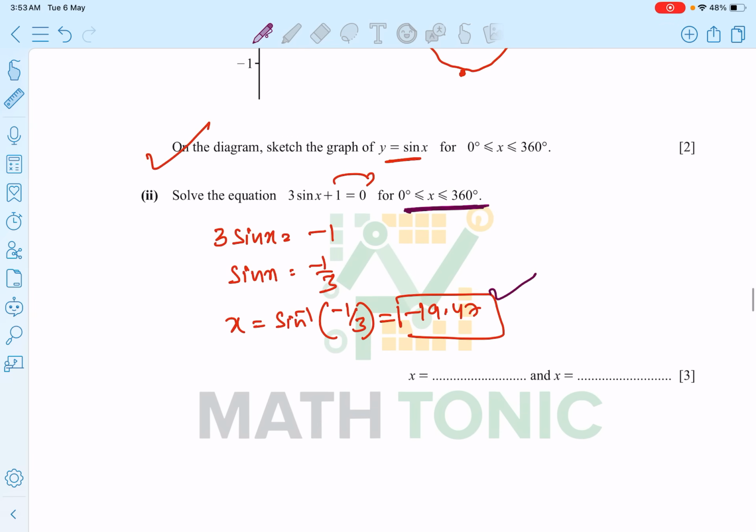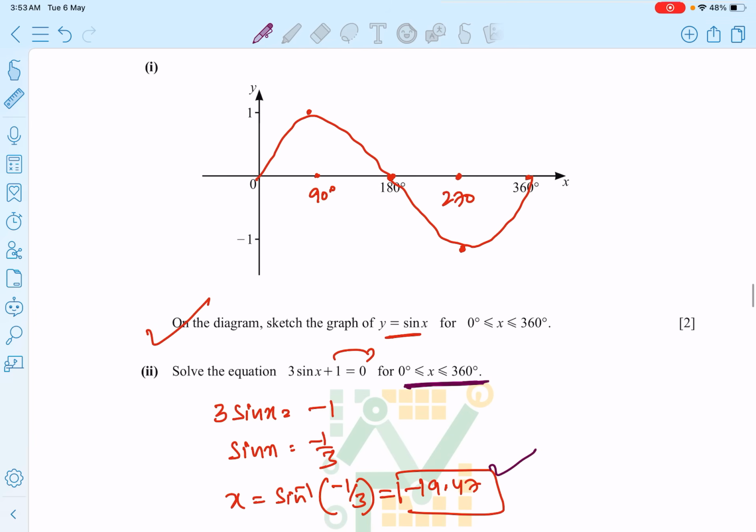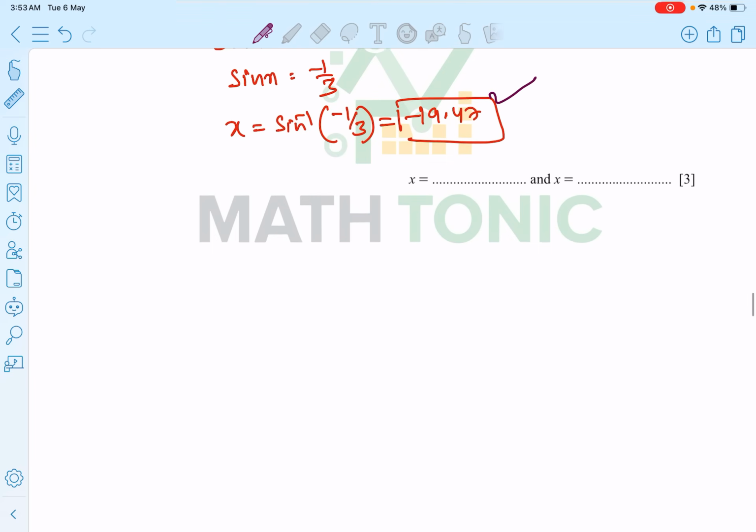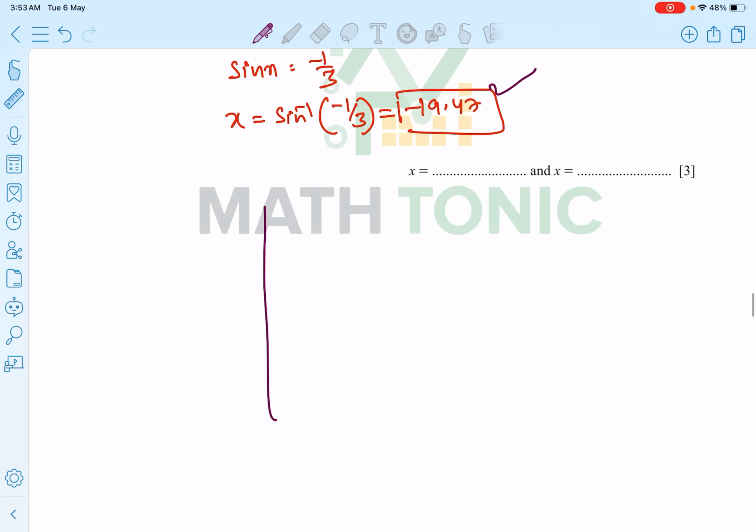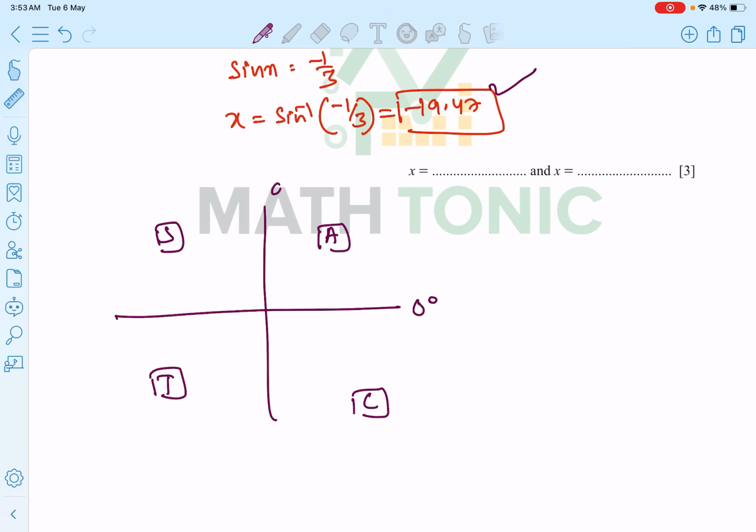We can solve this using the graph, or you can simply use the CAST diagram. If you remember, in this quadrant cos is positive, here all are positive, this is where sine is positive, and this is where tan is positive, right? And this is 0 degrees, this is 90 degrees, this is 180, this is 270, and this one should be 360.